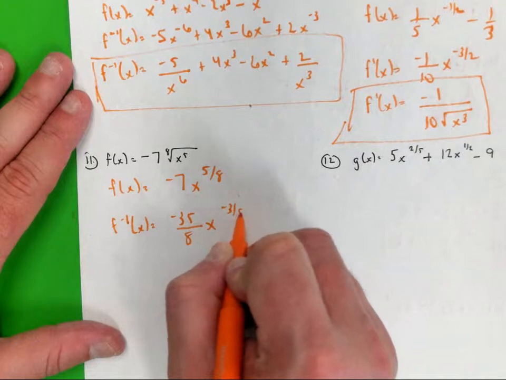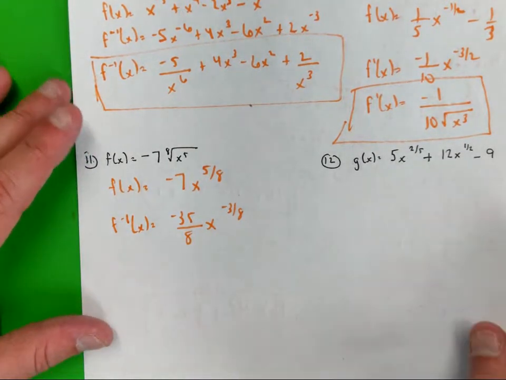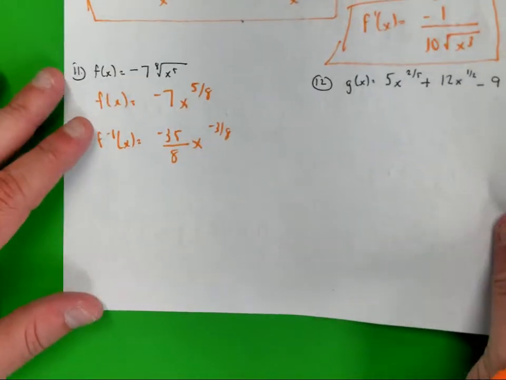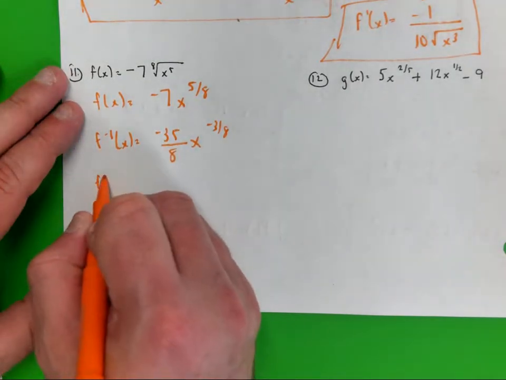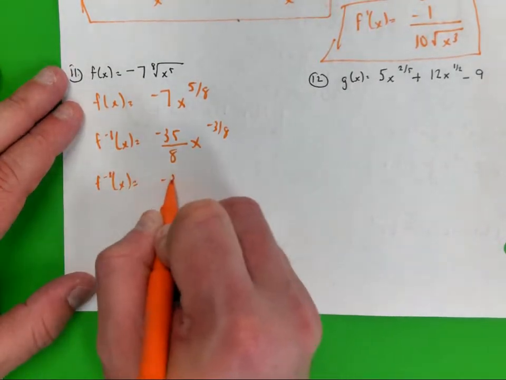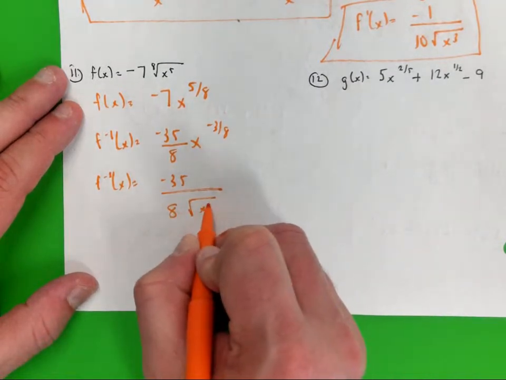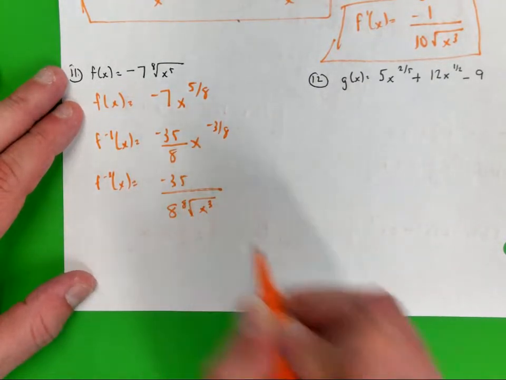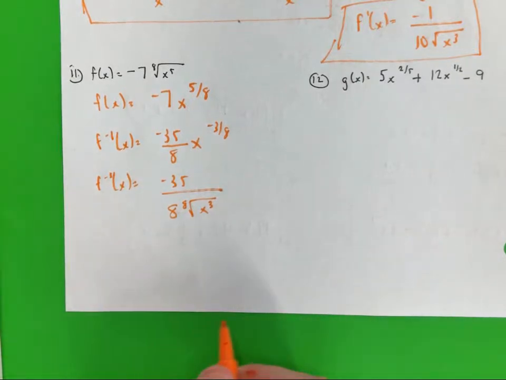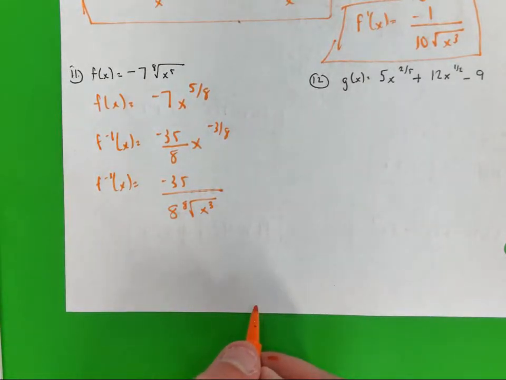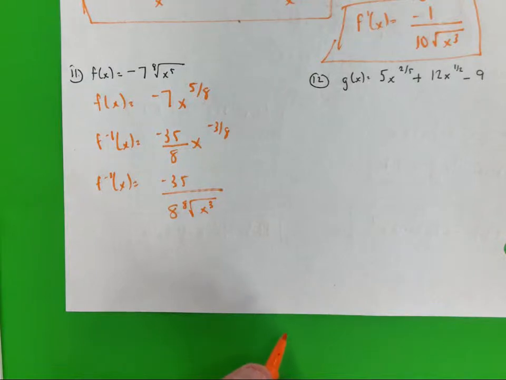That's going to be negative 3/8. Clean it up. Negative 35 over 8, that's negative, so that needs to go in the denominator. That's your root, that's your power.